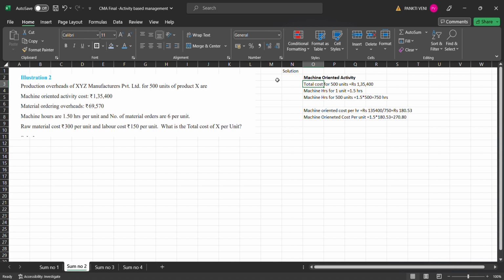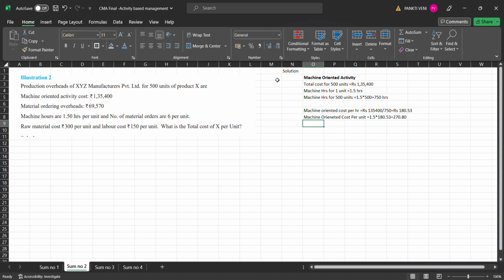That will give you cost per hour. एक घंटे का 180.53 है तो 1.5 घंटे का कितना होगा? 270.80. To prepare 1 unit, I require 1.5 hours. So that's why I have taken 180.53 and I have multiplied it with 1.5 hours. So I've completed machine oriented cost per unit and per hour.